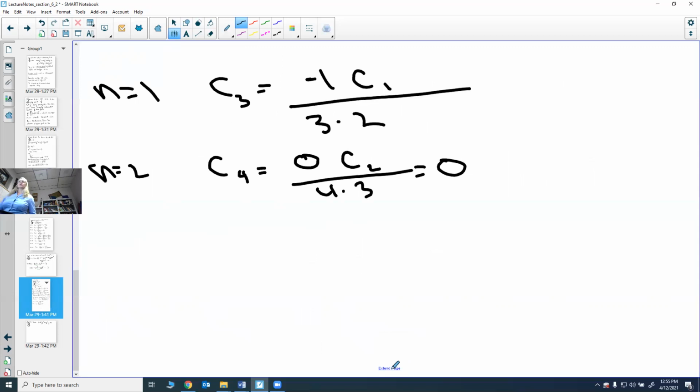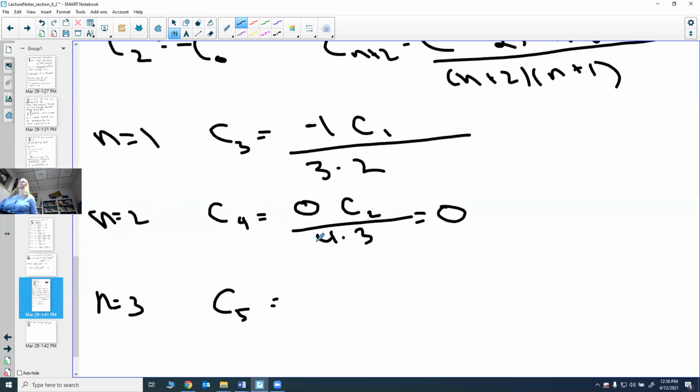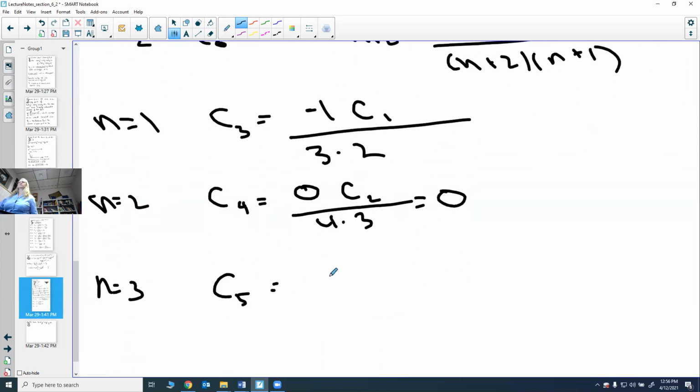Let's try a couple more. Let's try n equals 3. That would be c sub 5. That would be 5 minus 2, which is 3. No, it's not. I'm sorry, I apologize. N is 3.